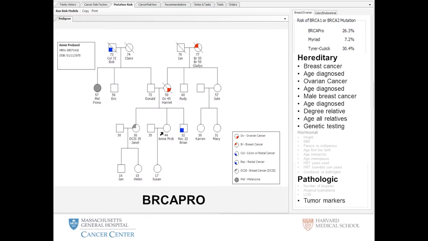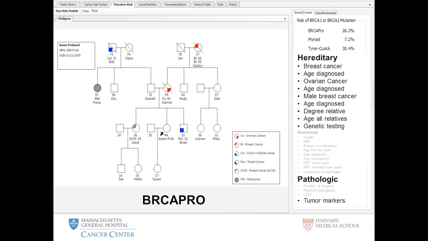Now, as an example, let's look at BRCAPRO. It would look at this family, would identify who's had breast cancer, what age they were diagnosed, who's had ovarian cancer, what age they were diagnosed, how many males in the family have had cancer, what age diagnosed, what's the degree of relative, and the ages of the unaffected relatives.